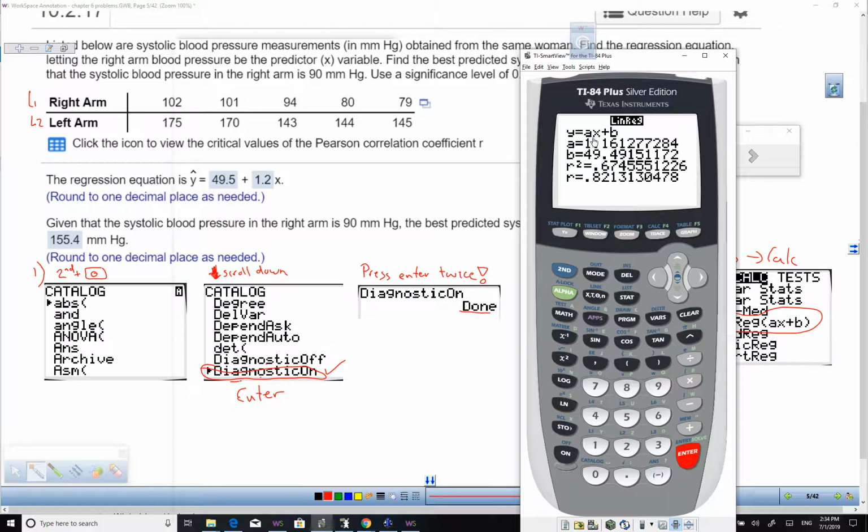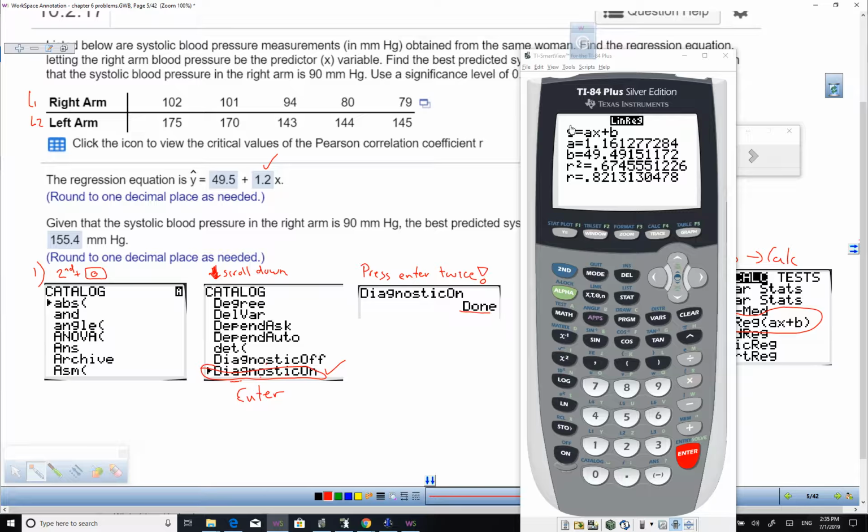The slope of the linear relationship is going to be the letter A, which is 1.2 if you round it to the first decimal place. And the y-intercept, the letter B, the constant, is going to be 49.5.